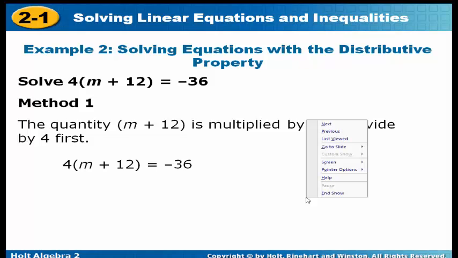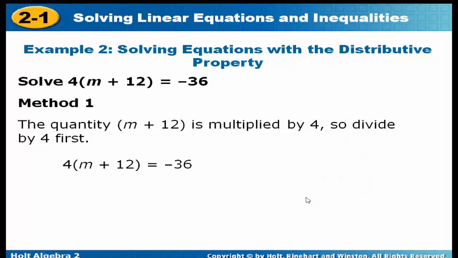So m plus 12 equals negative 36 divided by 4. So m plus 12 equals negative 9.